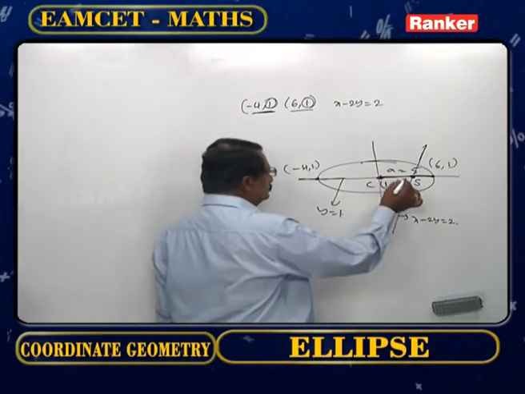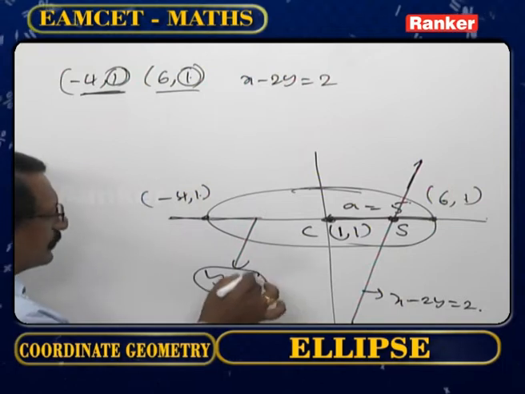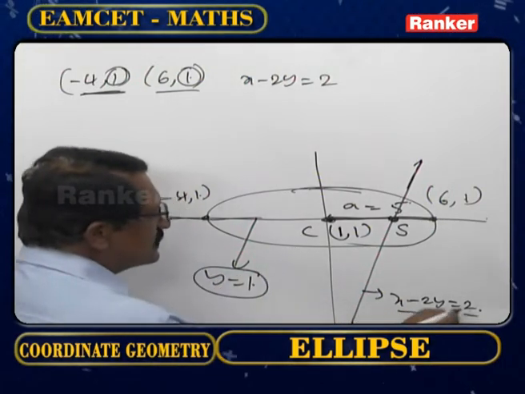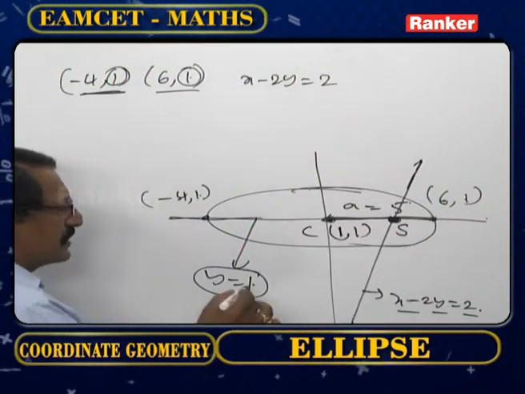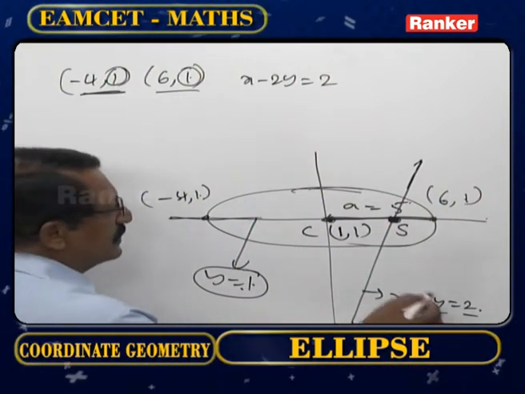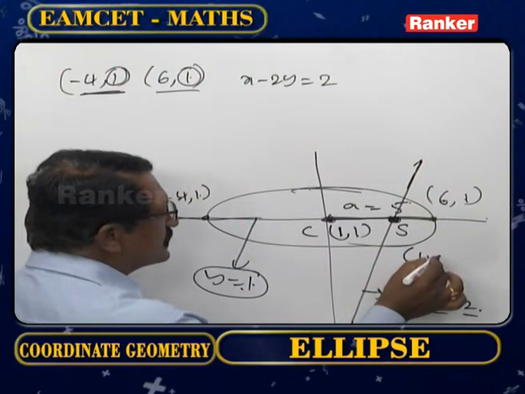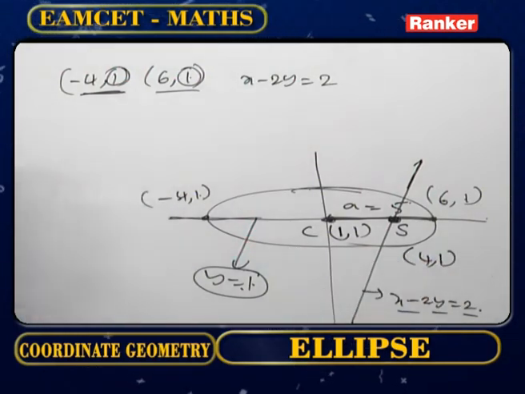Now, by solving the equations y equals 1 and x minus 2y equals 2, we get the focus. Substituting y equals 1, x equals 4. So one focus of the ellipse is 4, 1.